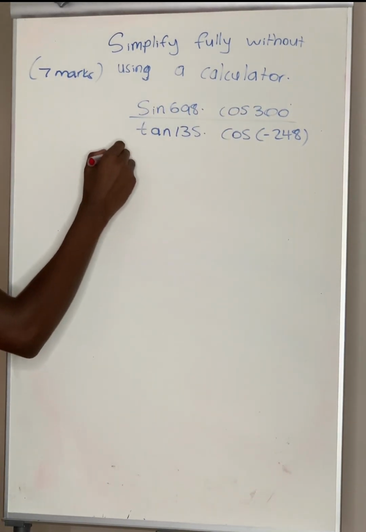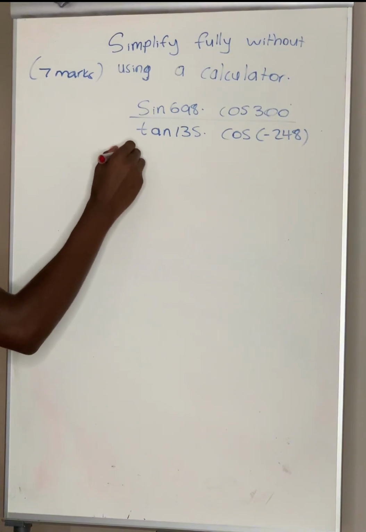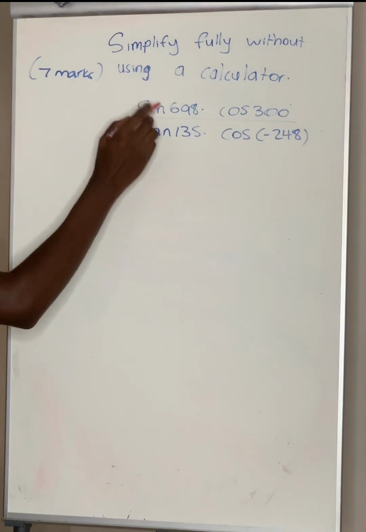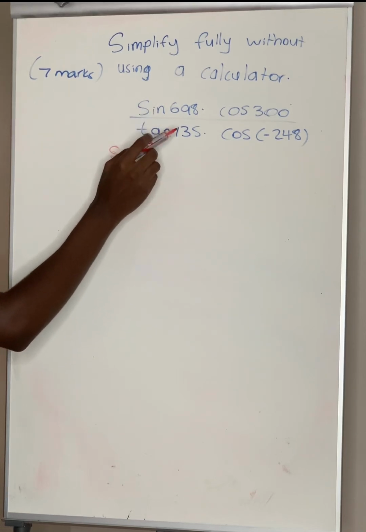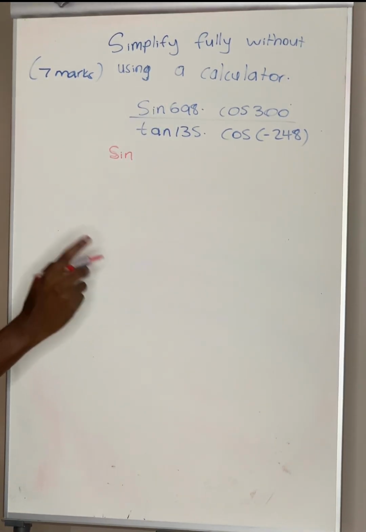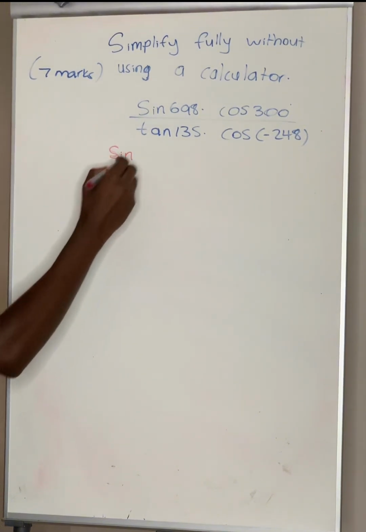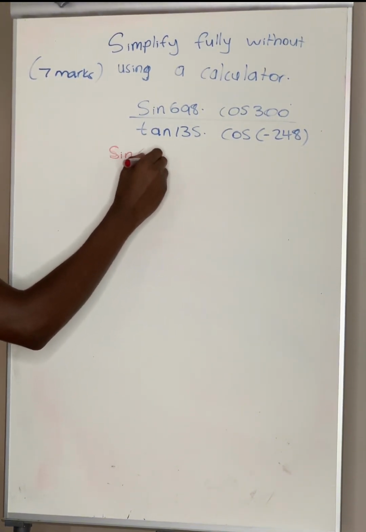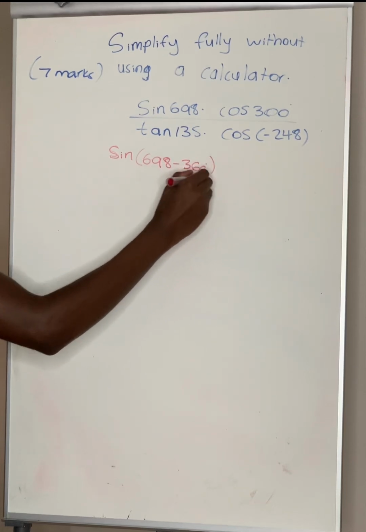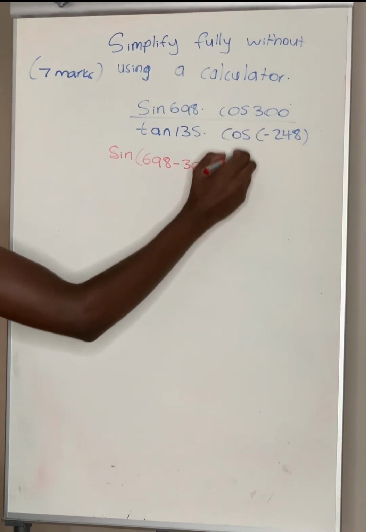Okay, so my advice to you is whenever you're given an angle which is above 360 degrees, you should subtract 360 degrees. Okay, now let's simplify that.